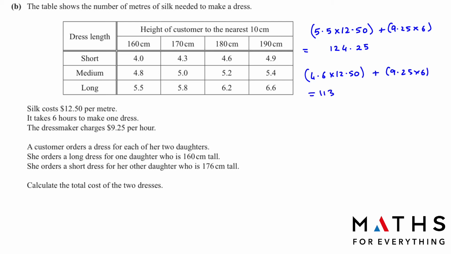So the total cost will be 124.25 plus 113. That will be $237.25. The only tricky part here was that you had to take 180 and not 170. Read the question correctly.